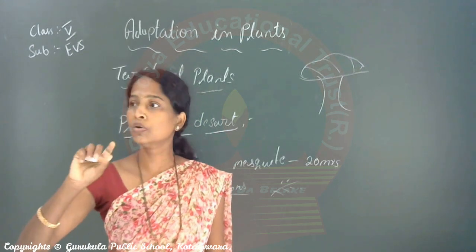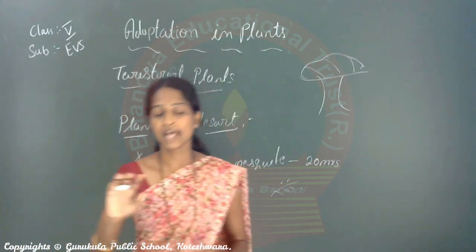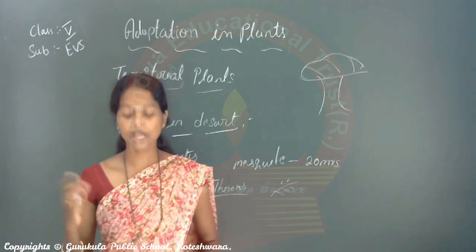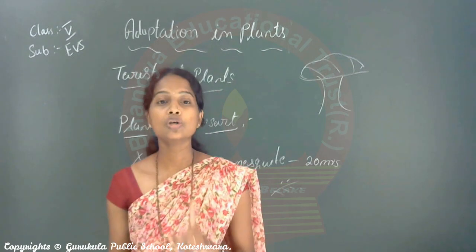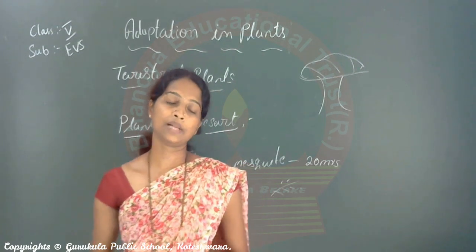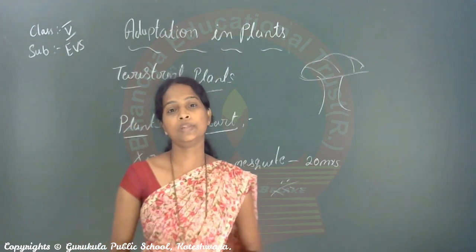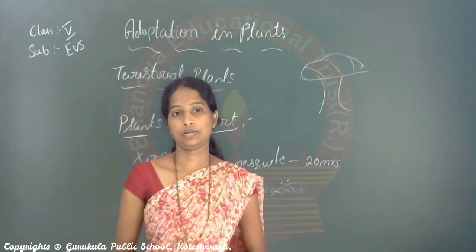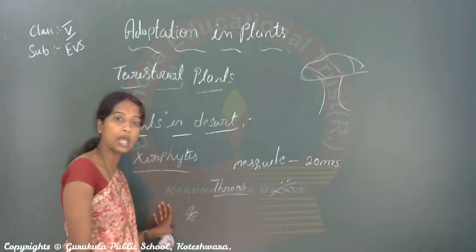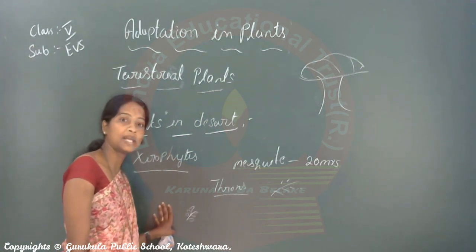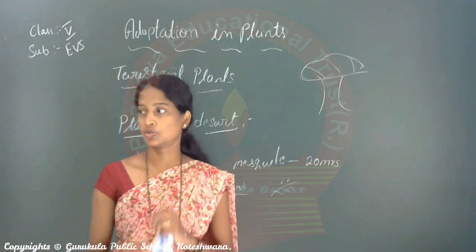It helps them reduce the water lost from the leaves. So acacia plants have very small leaves.